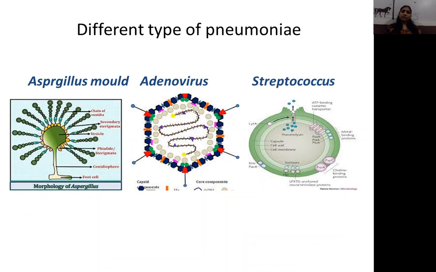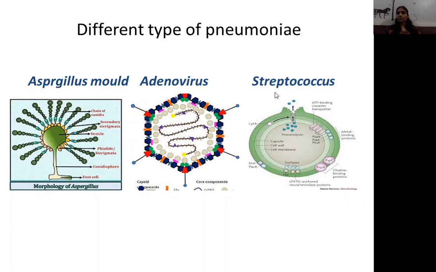Here are some of the different types of pneumonia. First is the aspergillus mold-like structure. See here, it is a bulb-like structure, which has a tubular-like structure. The next is the adenovirus, which is hexagonal in structure, and I think it contains the genetic material.